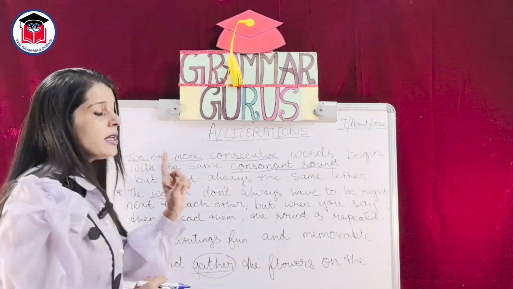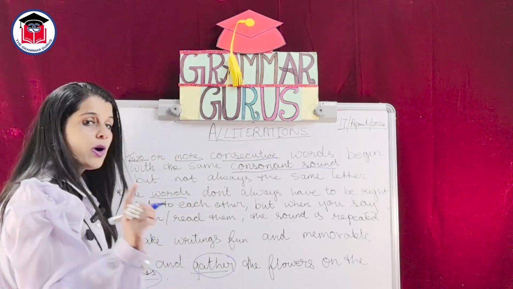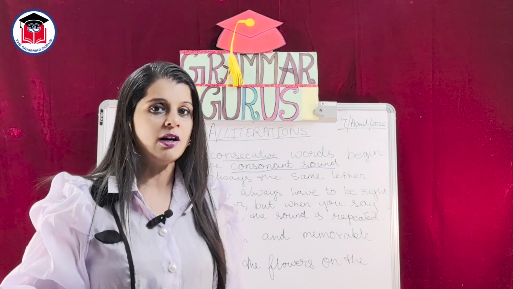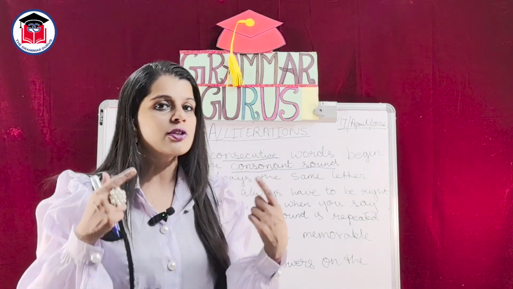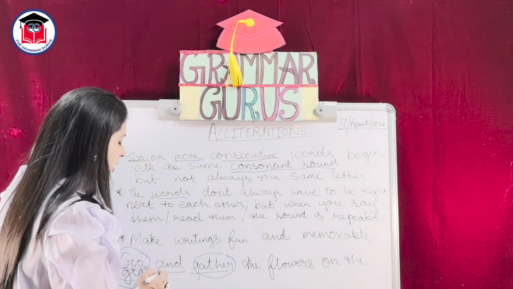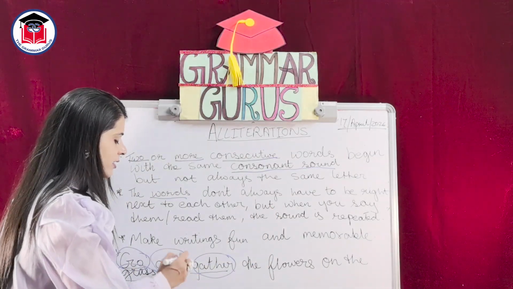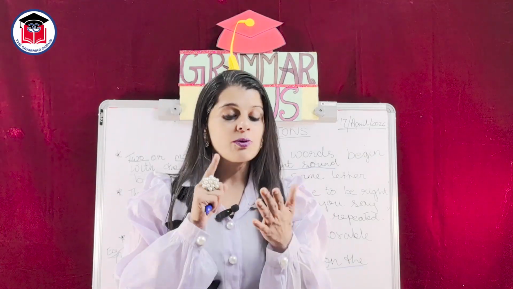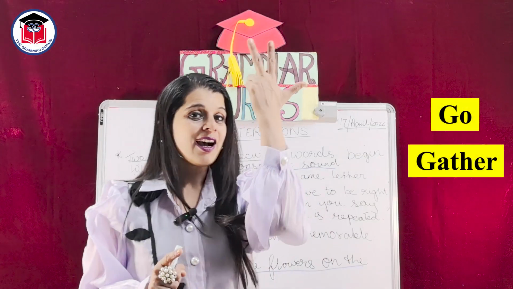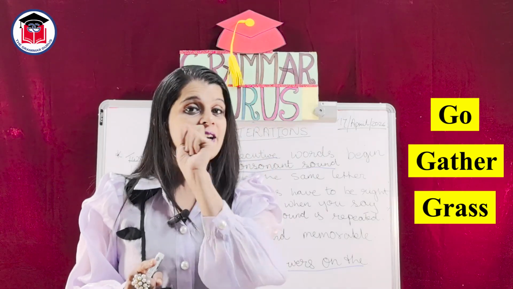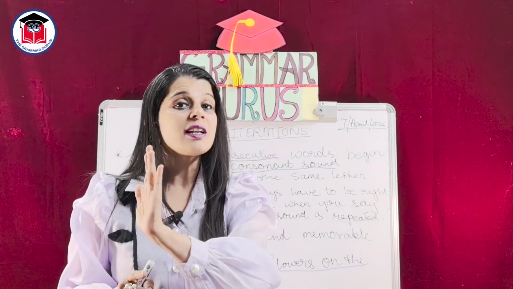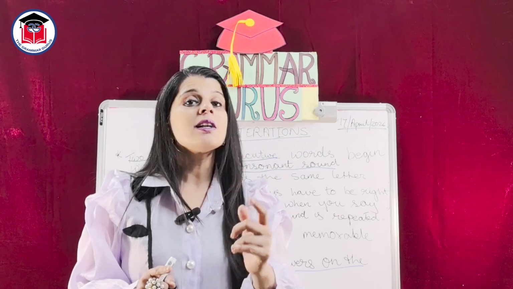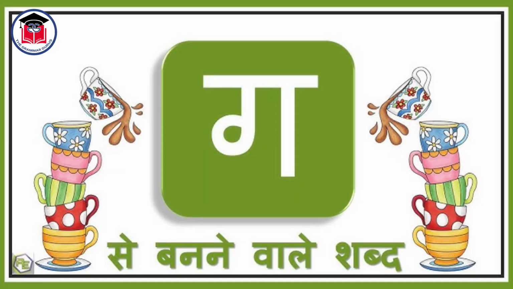Now see, in the second point I mentioned, the words need not be close to each other or right next to each other, but when you read the sentence, they should sound repetitive. See, go and gather. There is a word and in the middle. The flowers on the grass. So these words, go, gather, and grass, are not right next to each other, but when I'm reading the sentence, they are sounding repetitive, beginning with the same consonant sound g.